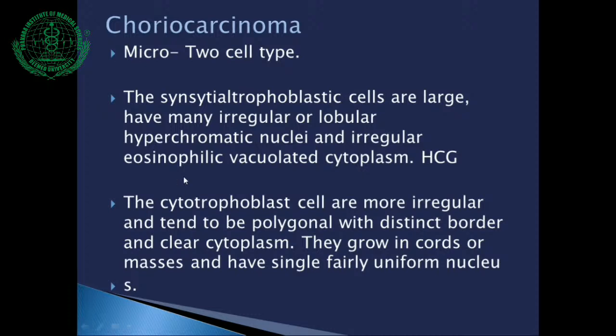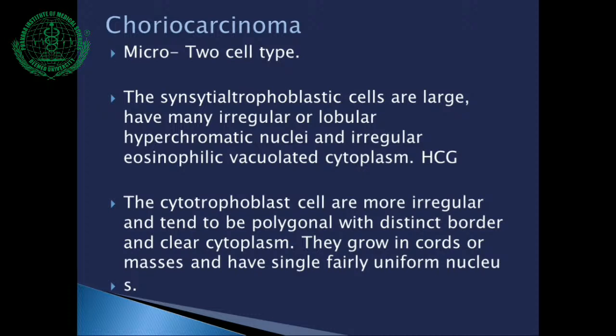In the microscopy, it shows the presence of two types of cells, malignant syncytial trophoblast and cytotrophoblast. The syncytial trophoblasts are large and have many irregular, lobular, hyperchromatic nuclei, showing anaplasia.